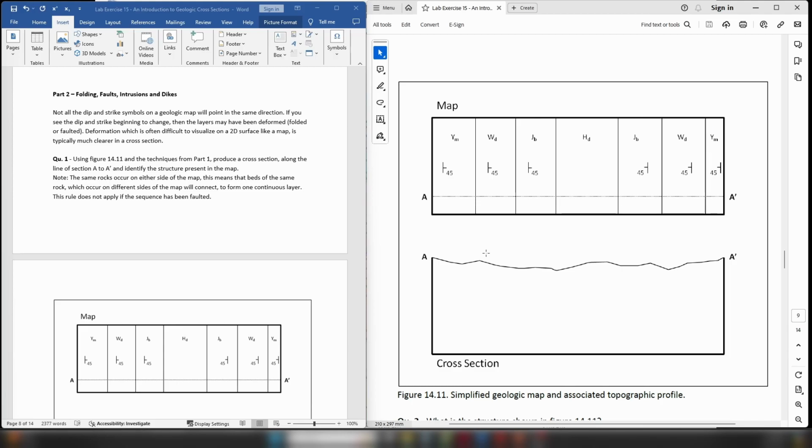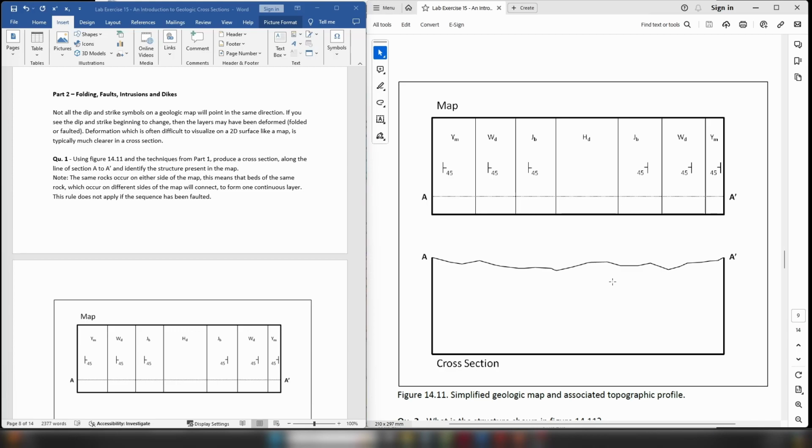Another thing that you obviously need to take note of is that layer JD is here, and the fact that they are the same layer of rock, and that this is likely the reappearance of the same layer due to folding, means that these layers of rock will connect if they are underground.